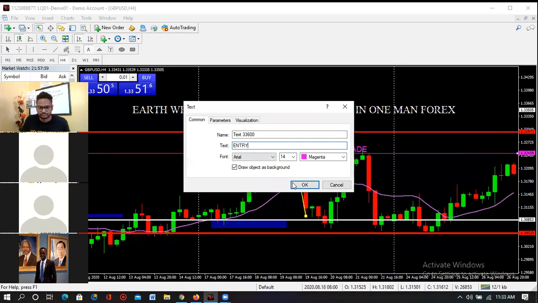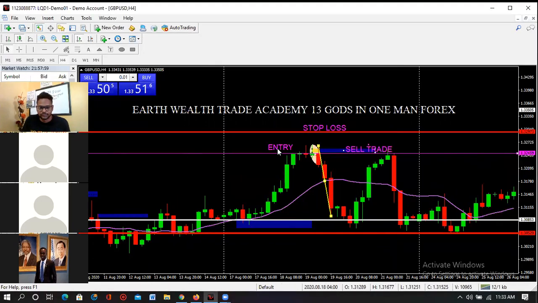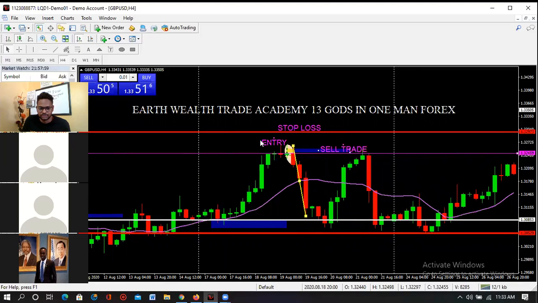So what we're figuring out is how we do our entry. We enter up here, this line right here, the same line. Put it on the line. Entry right here. We're going for a sell trend and it's going down. So we know this is our entry point right here.